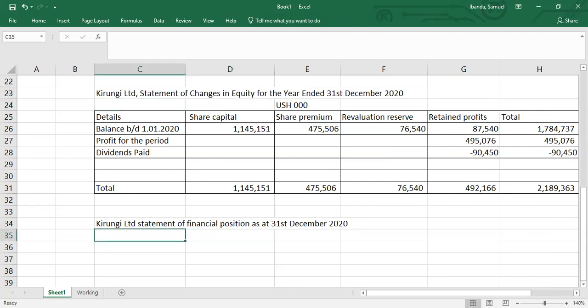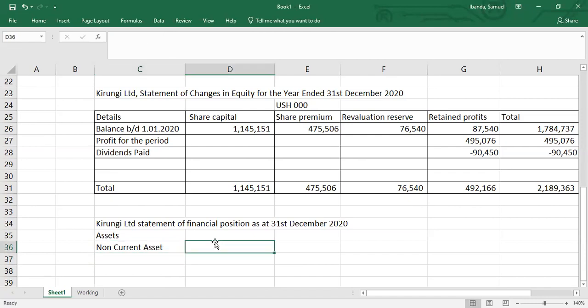So we know that when we are preparing our statement of financial position, basically we look at assets and liabilities, okay? So what I'm going to do is start with my assets. I'll start with my non-current assets, which another person might call the long-term assets or fixed assets, okay?